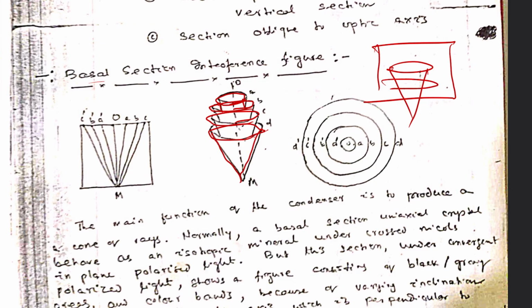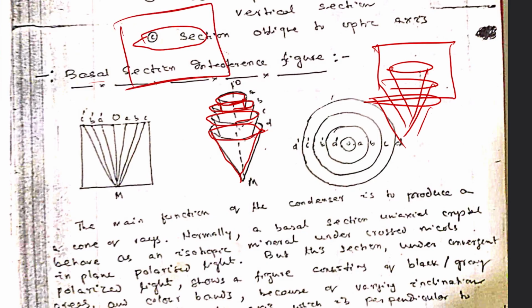The stage is lighted by these rings. This will be the central ring, this will be the outer ring, this will be a further outer ring. In this manner the light falls on the stage of the microscope, passes through the mineral section, and the result is that a figure is produced.